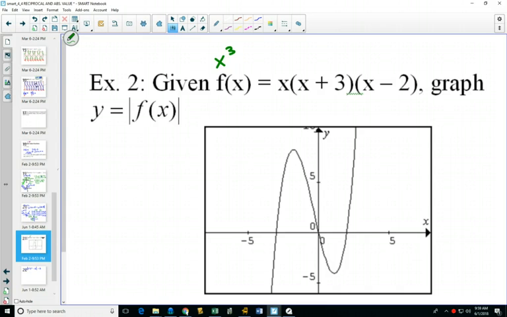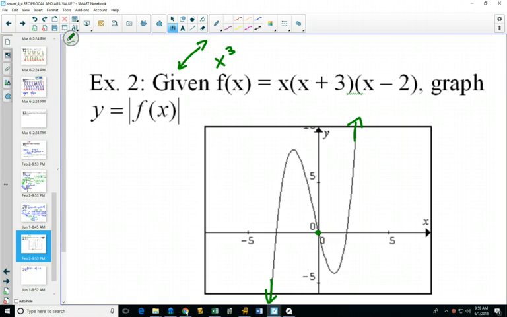And from chapter 1, graphing an x cubed graph, a positive x cubed graph, we know that the end behavior acts like a line. So when we look at this graph that's given to us, sure enough, it starts down there, ends up here. That's something we know about x cubed graphs. Once it's factored, factoring it helps us find all of our x-intercepts. So from the first factor, which is x, we have an x-intercept at 0.